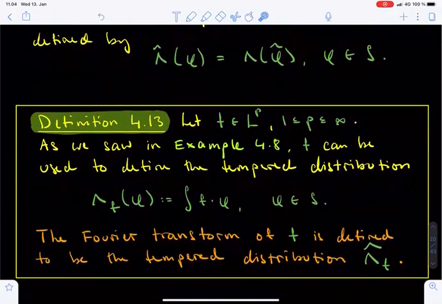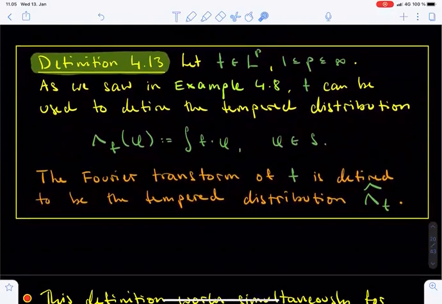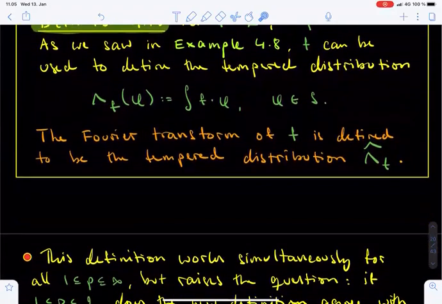Now we define that the Fourier transform of f equals the tempered distribution hat lambda of f. So the Fourier transform of any LP function can be defined as a tempered distribution.